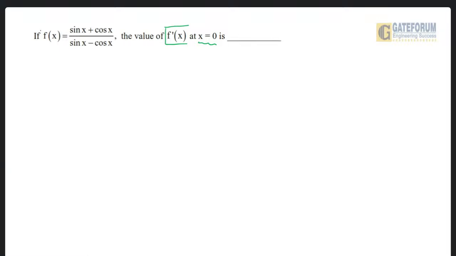Function is given, a one variable function. The first method, if you remember trigonometric formulas: before finding the derivative, divide the numerator and denominator by cos x.